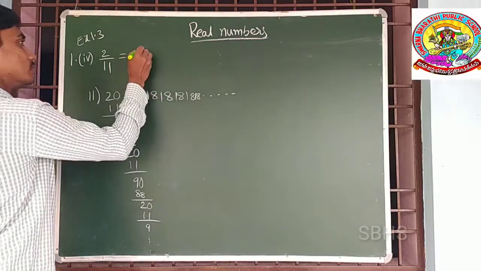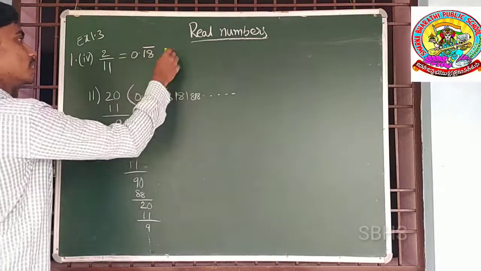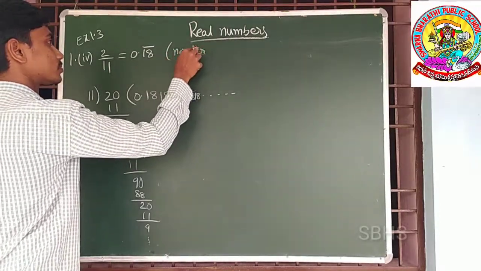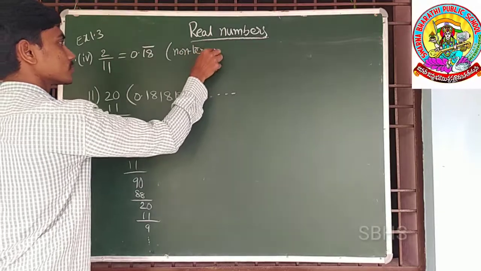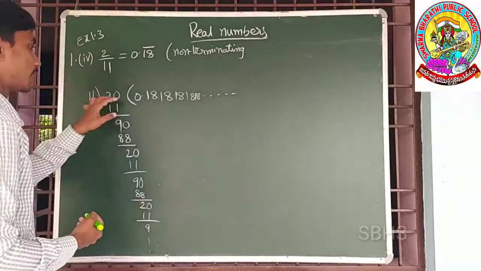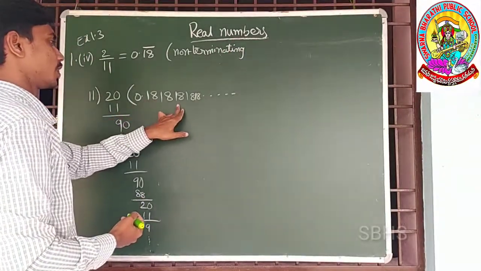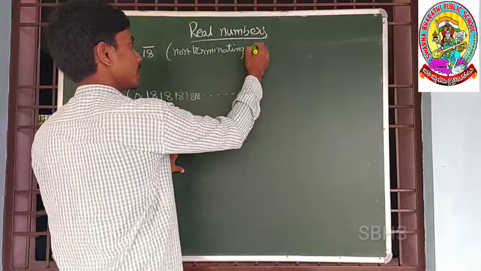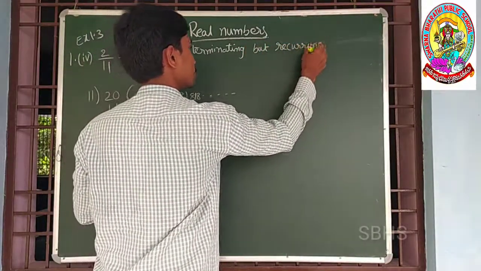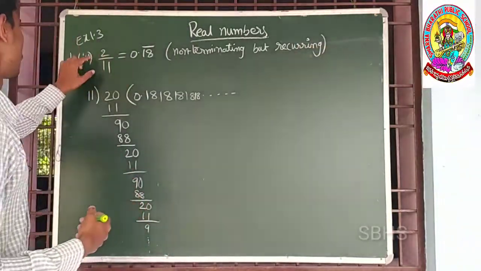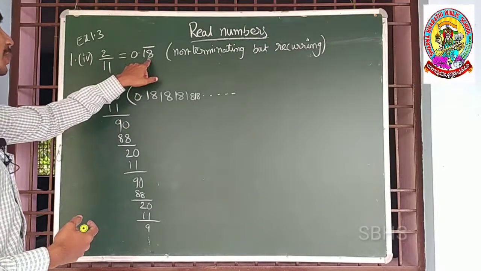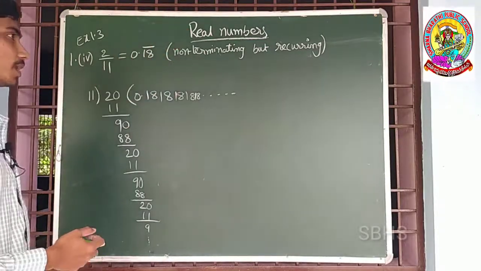It is a non-terminating decimal, but it is repeating. 181818 is repeating, so it is non-terminating but recurring. The decimal expansion is non-terminating but repeating, so it is a recurring decimal.